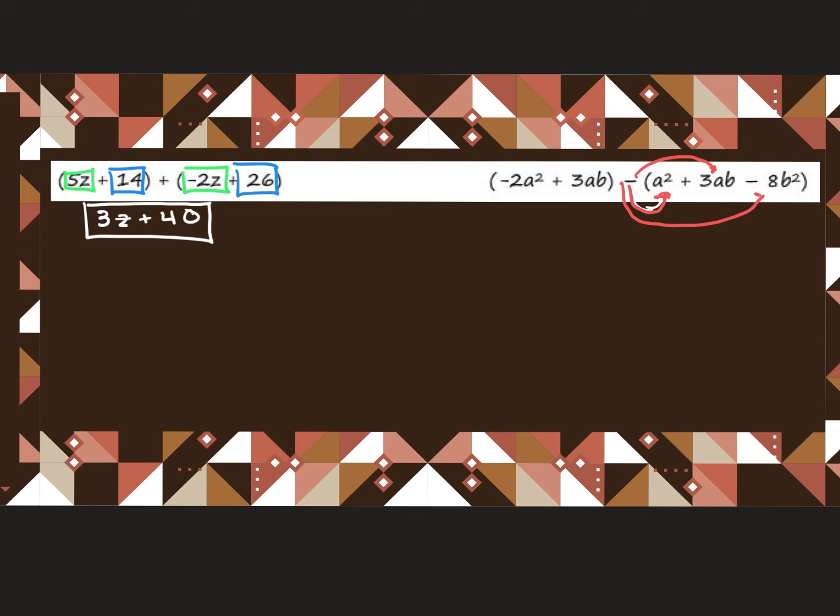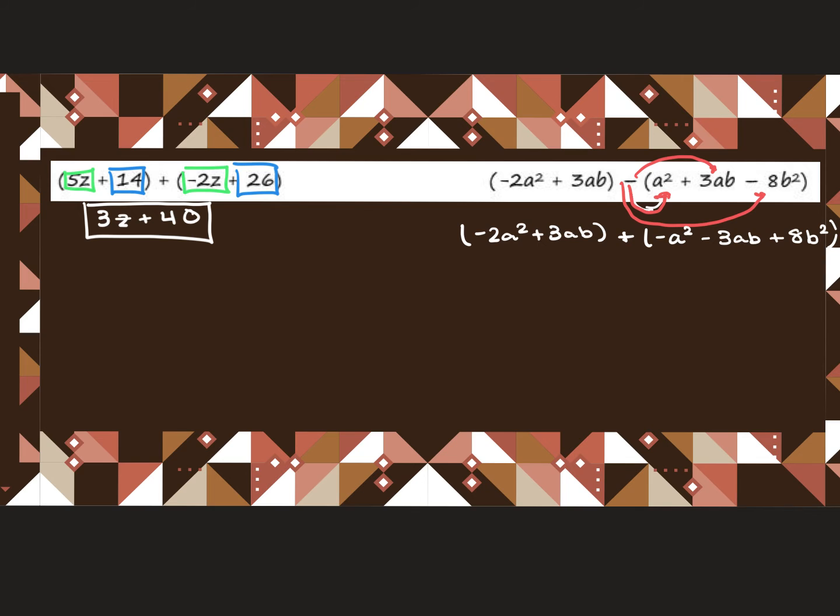So distributing that negative, I'm going to rewrite. My negative 2a squared plus 3ab is going to stay the same, but instead of subtraction, I'm going to add, which gives me negative a squared minus 3ab plus 8b squared. All I did was multiply everything by that negative 1.